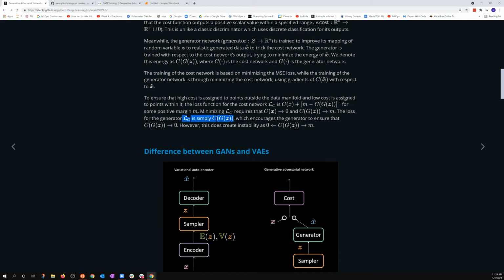So they are opposing each other. The generator will try to create images which have low energy function value, which is low C of G of Z, whereas the discriminator's loss is lower when the C of G of Z is at least M. So they are like opposing each other. Hmm.